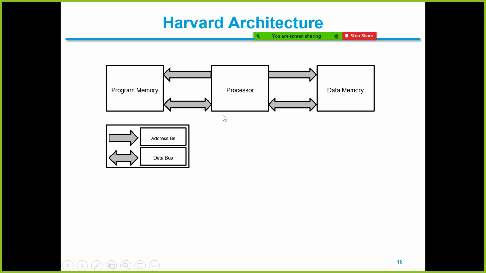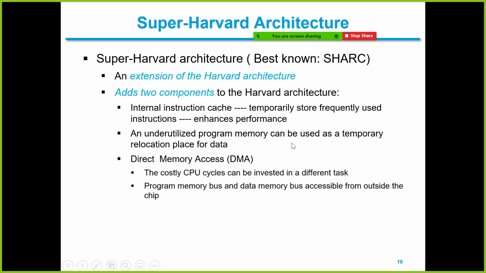You can see here, for this Harvard architecture, we have a space for program memory and another memory space for data memory. They are separated, but they can be accessed at the same time.